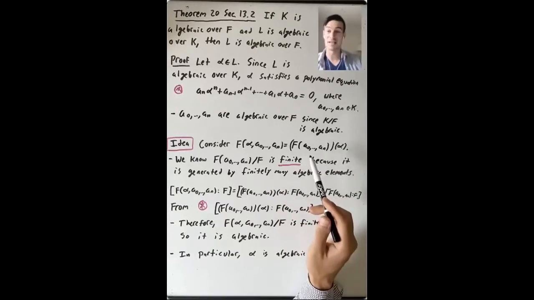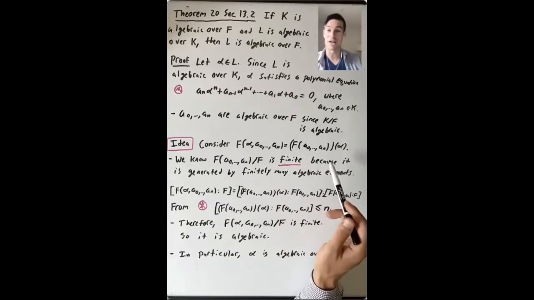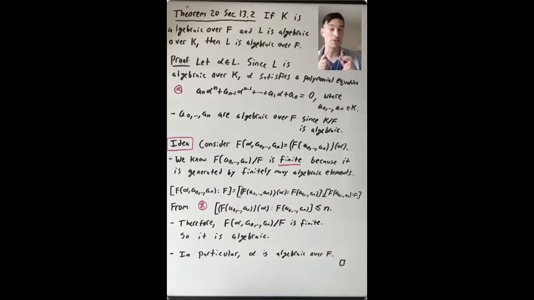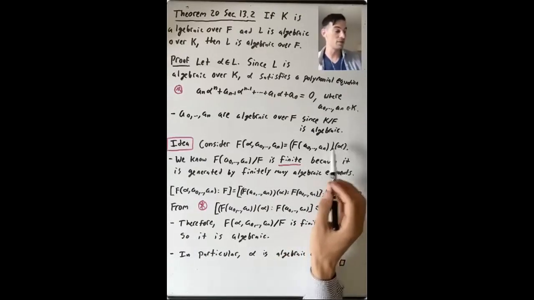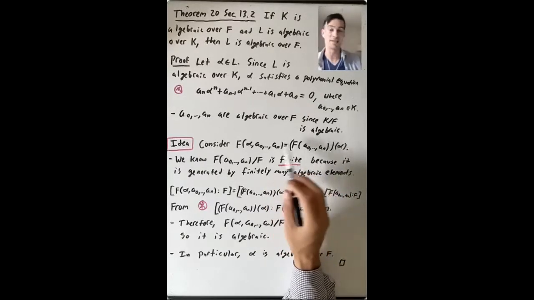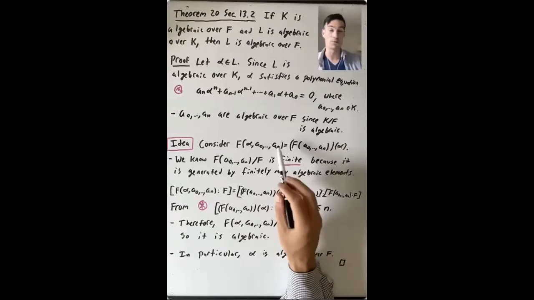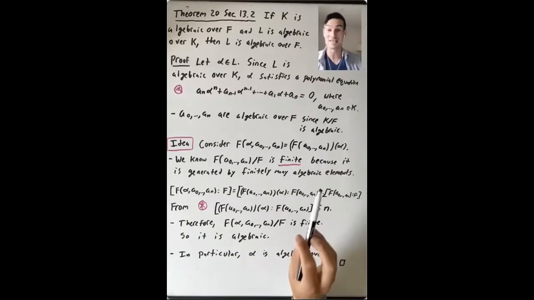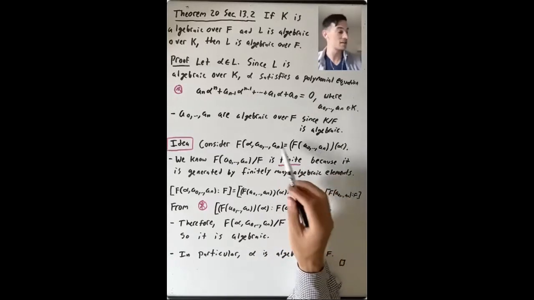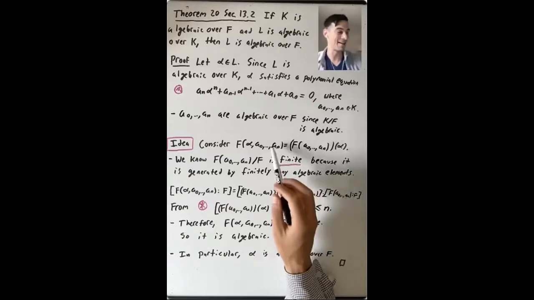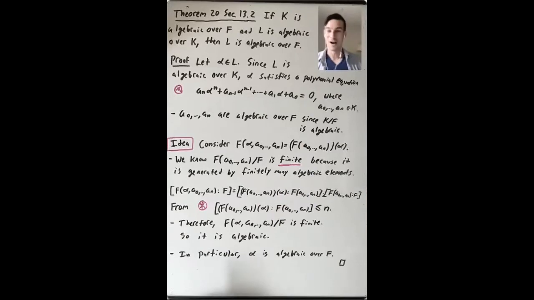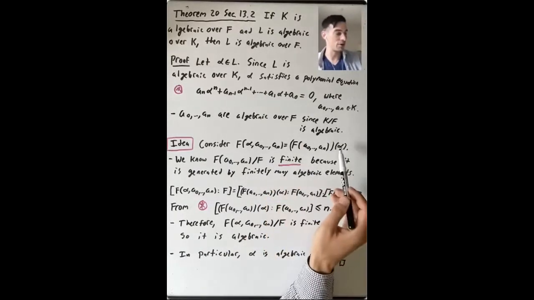We're saying that that's the same as the field generated by alpha 3 over the field generated by alpha 1 and alpha 2 over F. It's really not clear to me how to use just this statement of the lemma to prove that that's true. But it is clear that you can use the same proof strategy to show containment both ways, to show that this really is true. I just think that it's less direct than Dummit and Foote make it seem with the phrasing. So this is a good thing where I would encourage you to write down a fully detailed proof of this fact once. Okay, so that aside, this statement really is true.